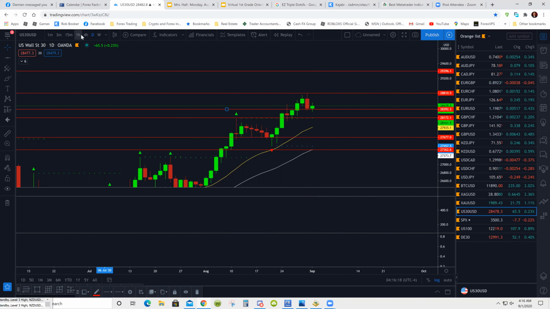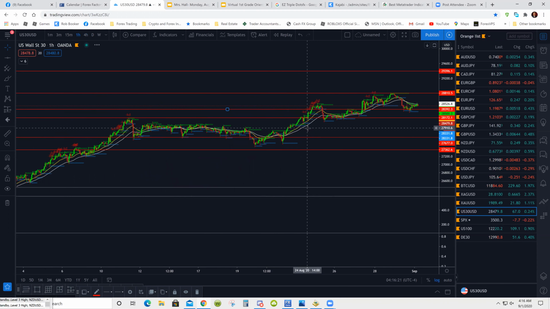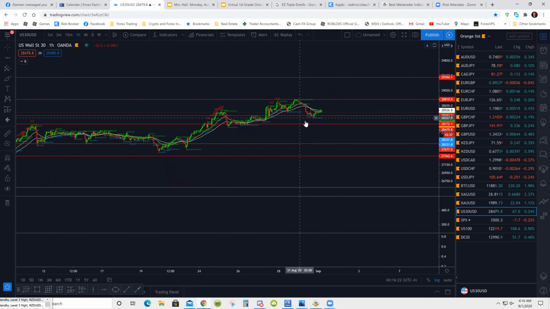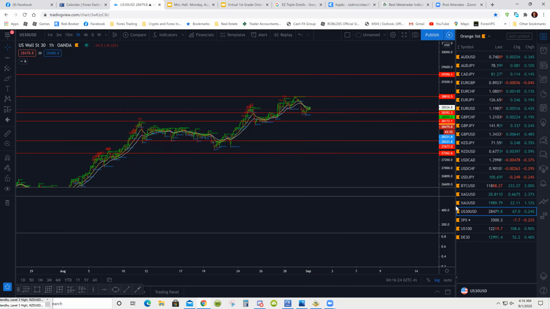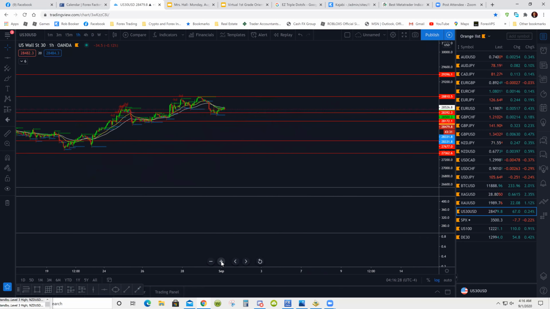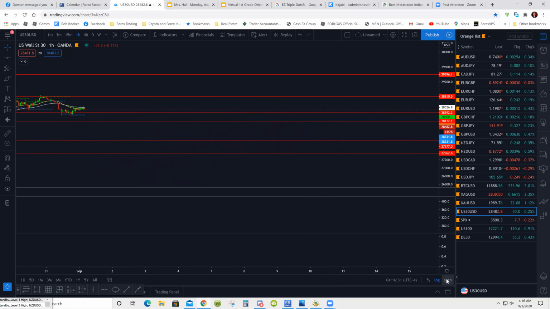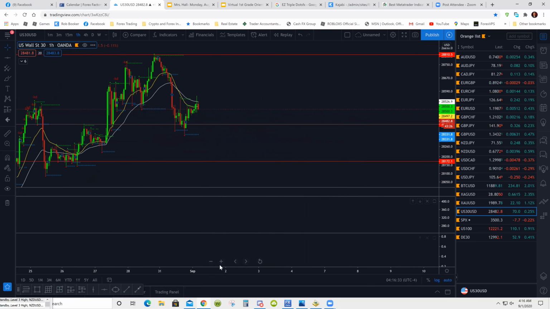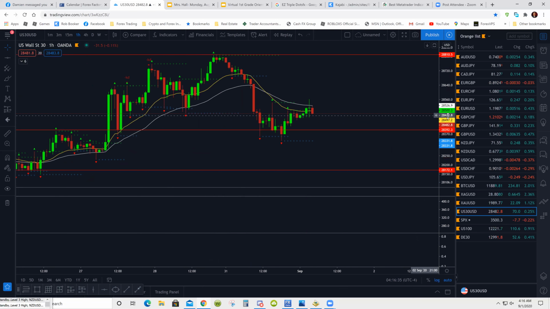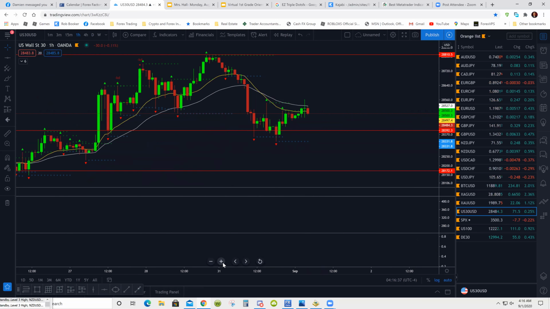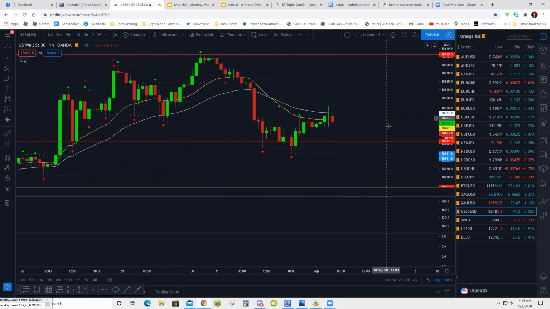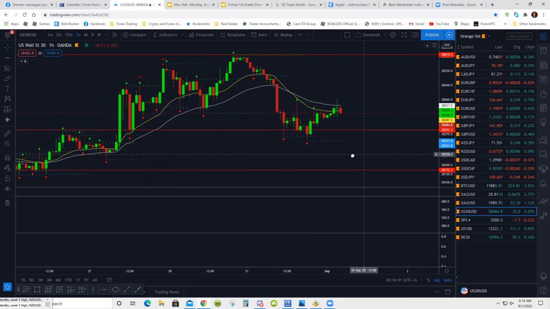Let's go to the 1 hour time frame. And there it is. So this is what it looked like. Let me zoom in so you guys can see it. Can you see that? I'm going to let the chart settle down.